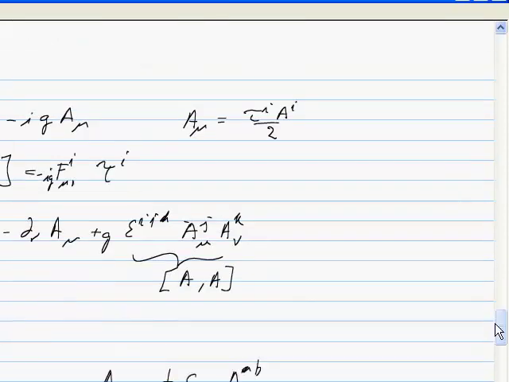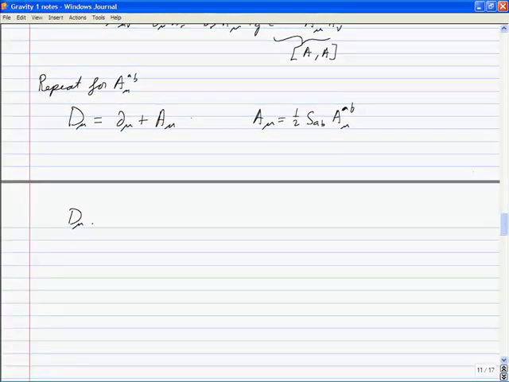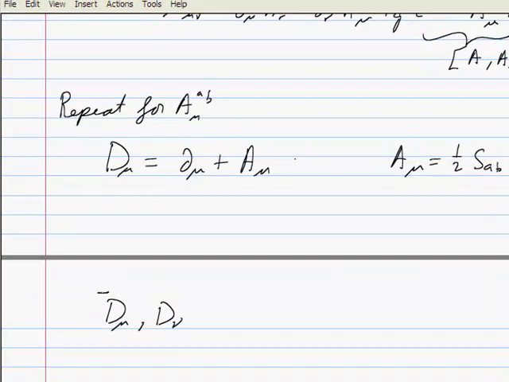So the indices AB are like the index i, so the matrix instead of tau^i is S_AB, but that's okay. So the obvious thing to do is to imagine taking D_mu with D_nu.